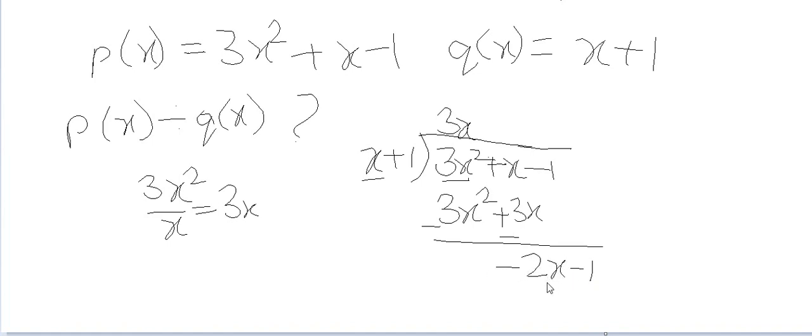Again, we'll take the first term from here and the first term from here. Minus 2x by x. What do we get? We get minus 2. So I'll write minus 2 over here and then multiply with this binomial. I'll write minus 2x minus 2.